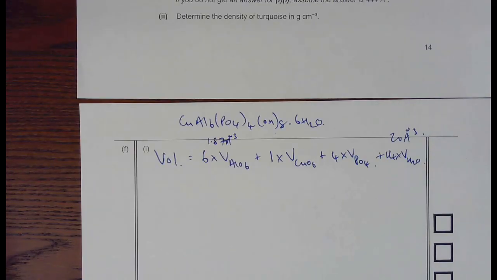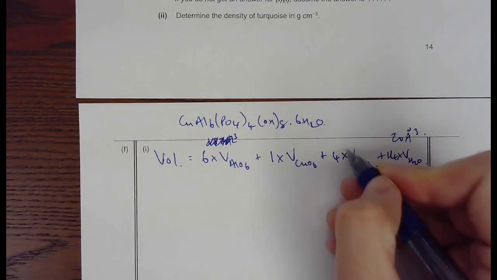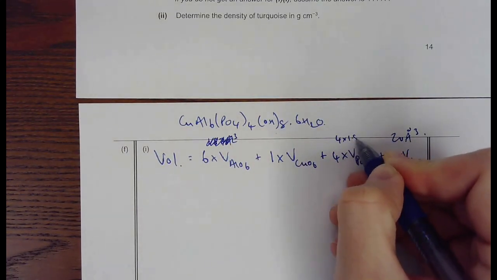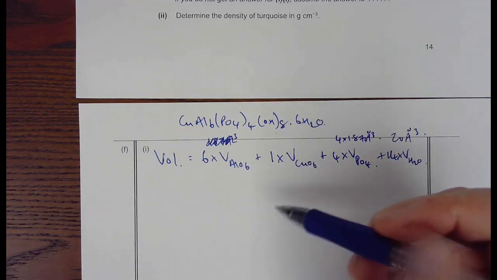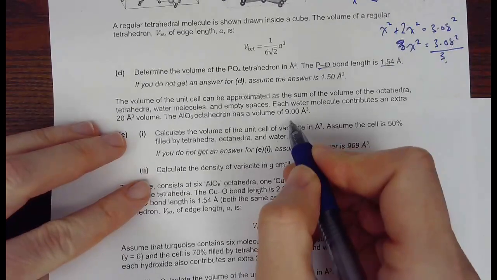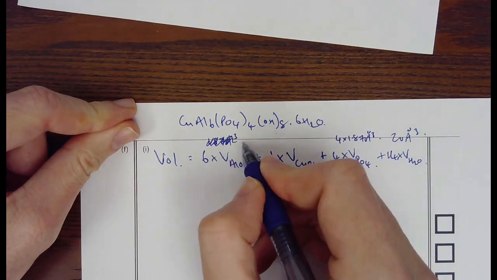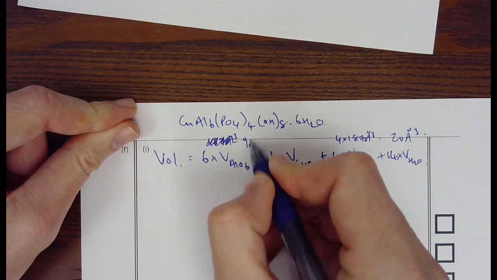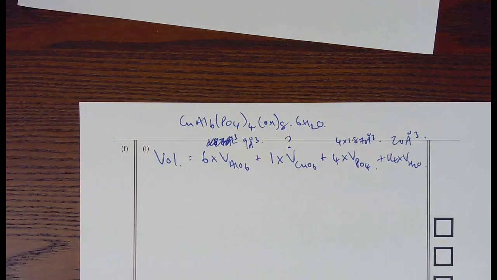Is that right? Part D was the phosphorus. It was this one. So it's 4 times 1.87 angstroms cubed. The AlO6, I was told that this was 9, so 6 times 9 angstroms cubed. So it's just this. What's this?